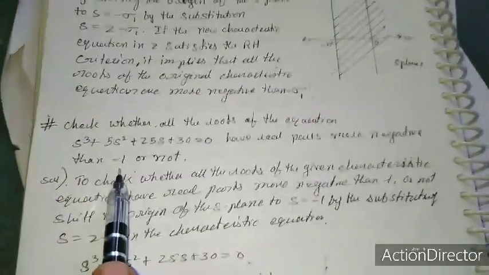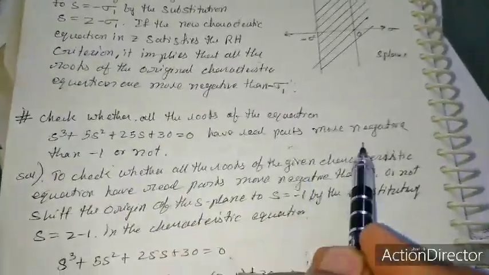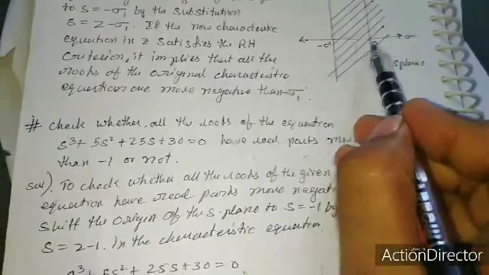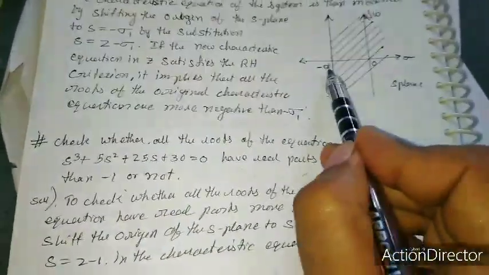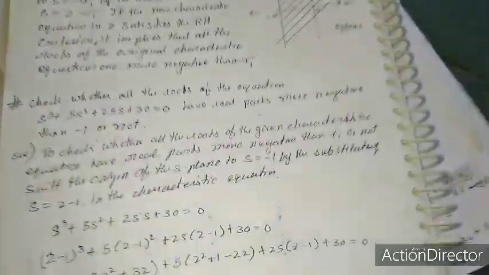But what he is saying is, if you shift the real axis from 0 to -1, are the real parts more negative or not? We have to check.